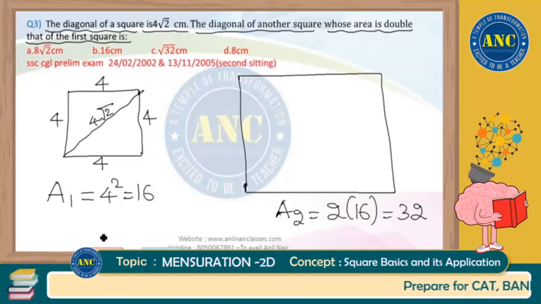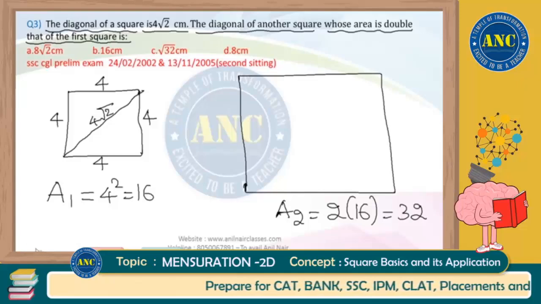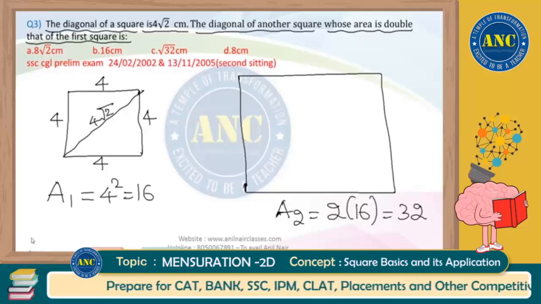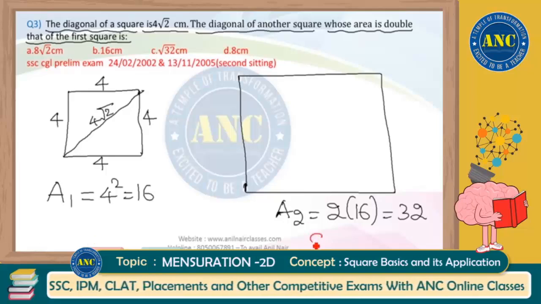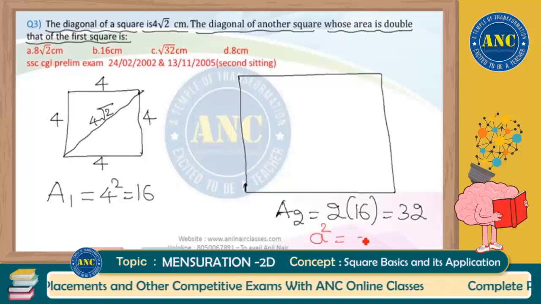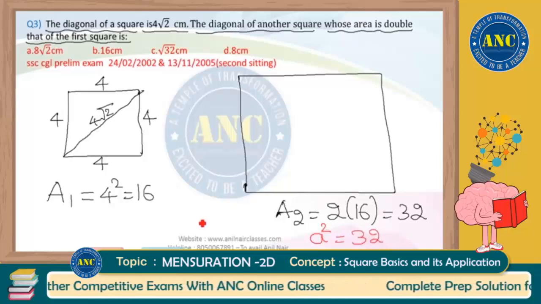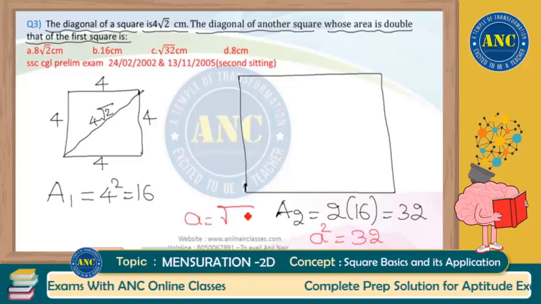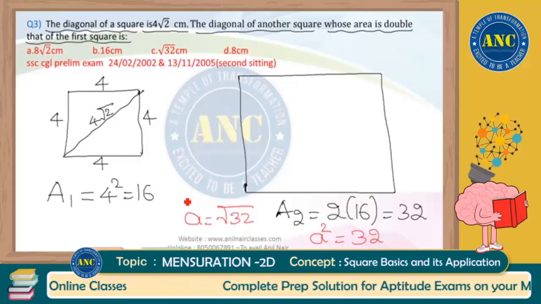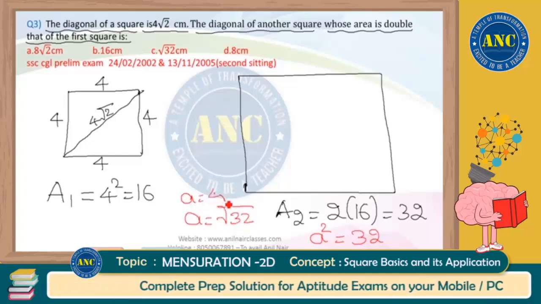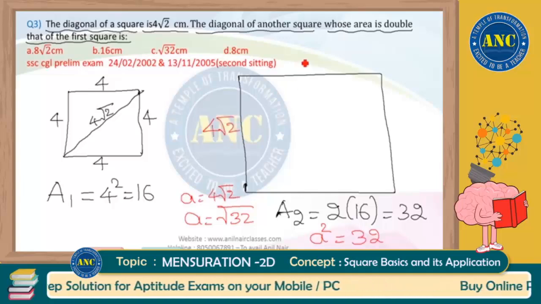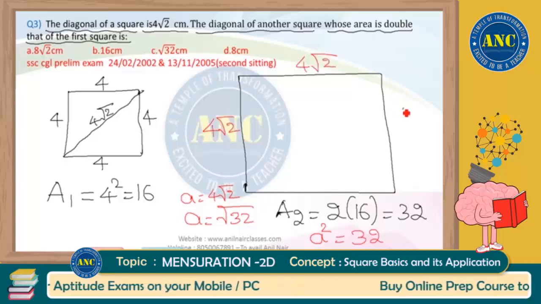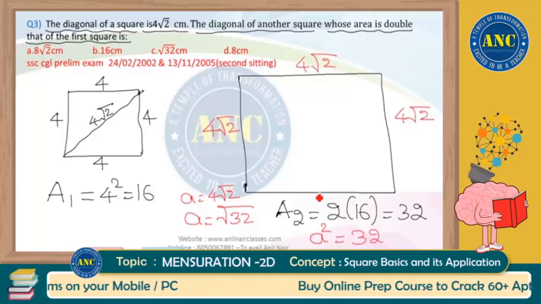Area of a square is nothing but a square. So a square is 32, and the value of a will be square root of 32, which is square root of 16 into 2. So it is 4 root 2. That means each side of this bigger square is nothing but 4 root 2.